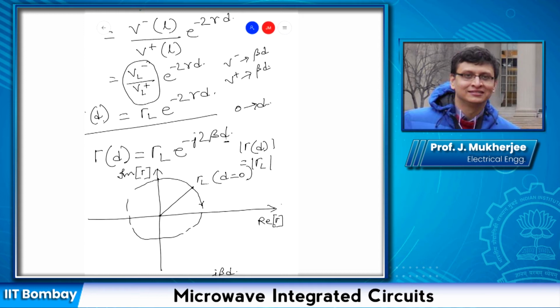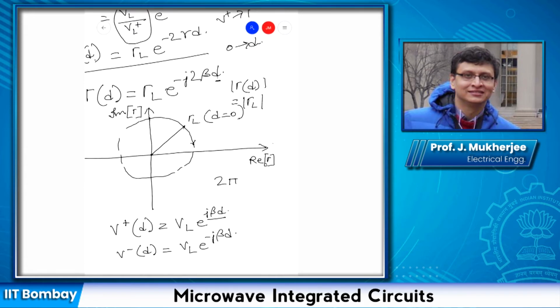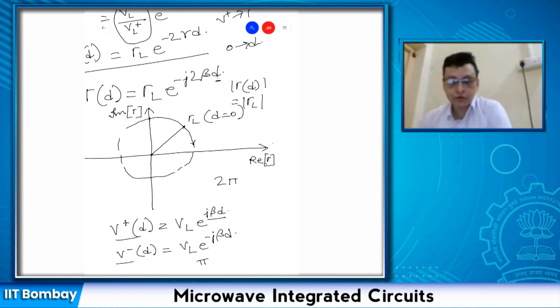Okay. So in other words, if the reflection coefficient phase changes by 2 pi, the phase of V plus and V minus can change by a maximum of pi. And that's the periodicity that we saw, that the input impedance of the transmission line repeats after every pi.